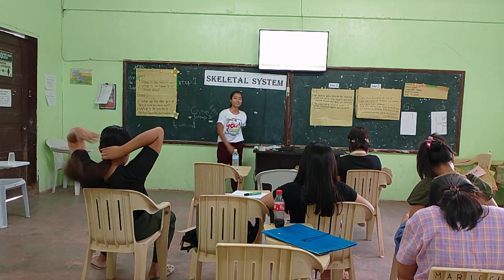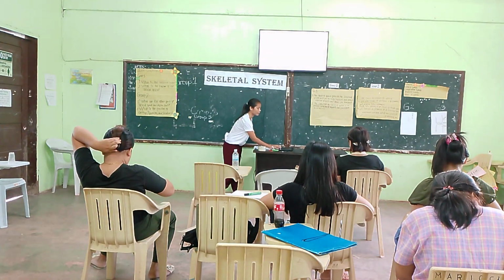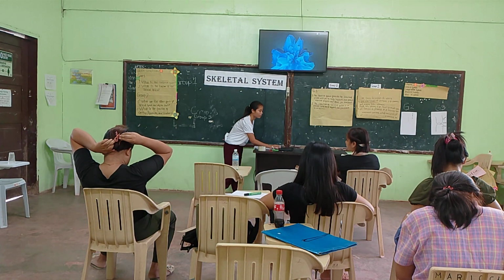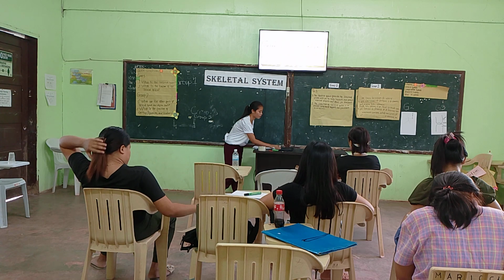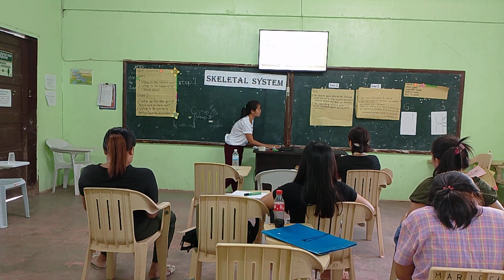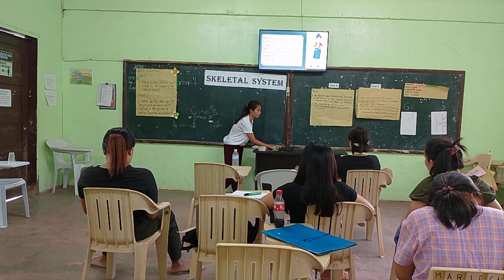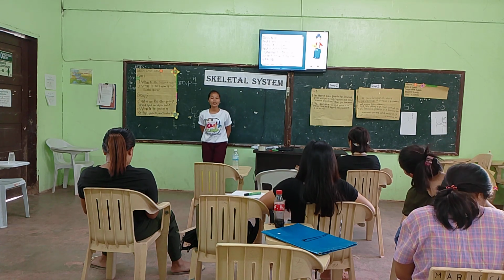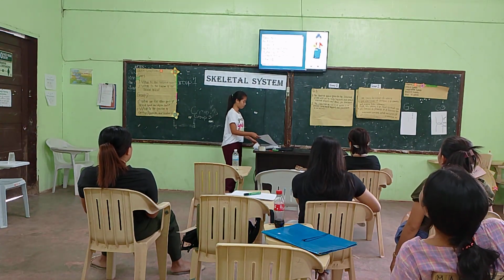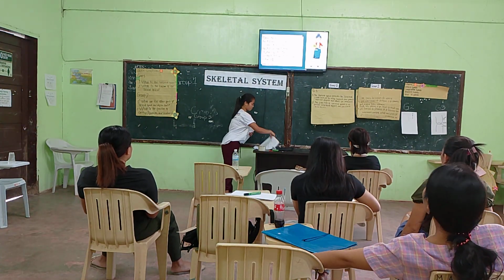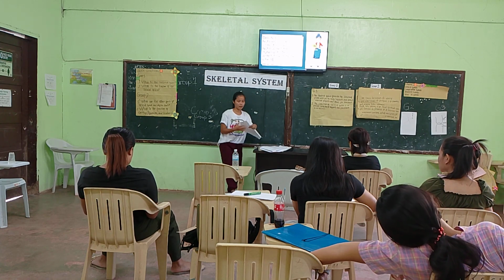So now, since you already understand, let's have a quiz. Everybody read the direction and circle the correct answer. Write T if the statement is true and write F if the statement is false. Alright.